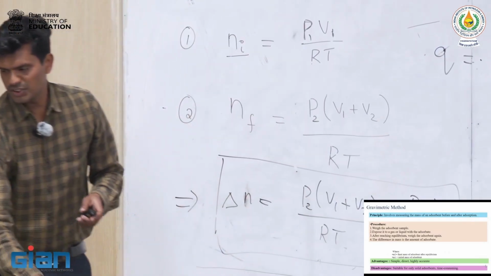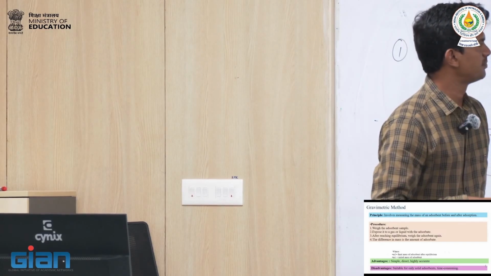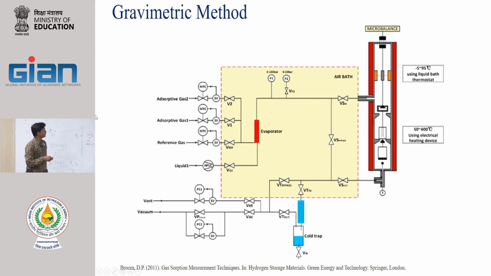How do we do it? Let's see, this is the system. We have a gravimetric method, something like this. Leave all these things; we are only interested in this one. Here we have a microbalance which is outside the system. It is not inside the system. How this microbalance works is with the magnetic effect.